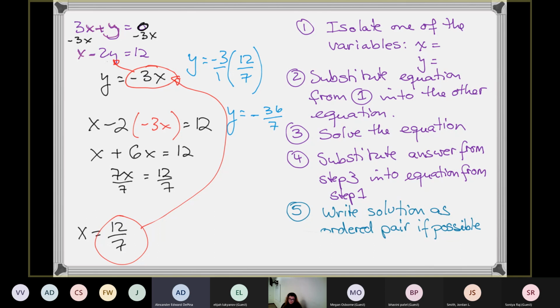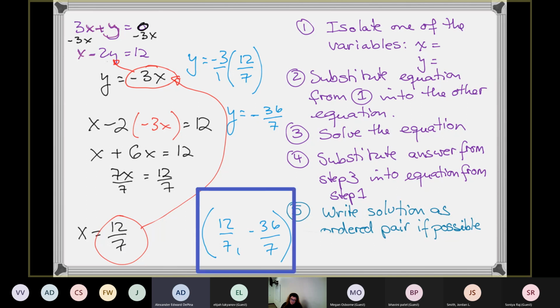There's nothing we can reduce. So the ordered pair here, where they intersect, is 12 sevenths, comma, negative 36 over 7. Perfectly fine answer with the numbers that I copied wrong. There you go.